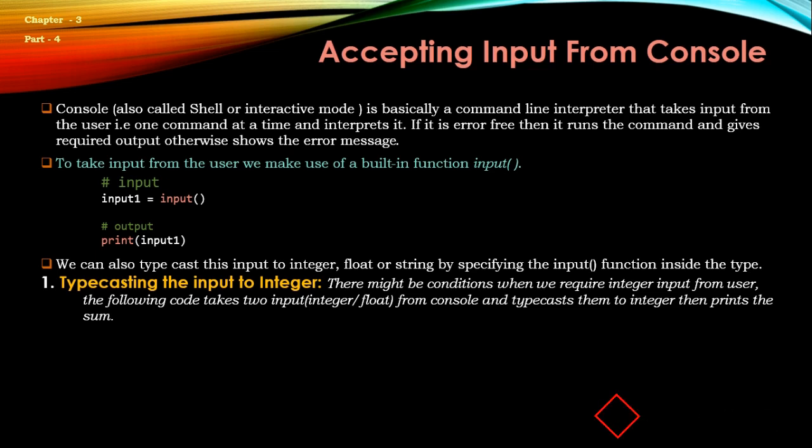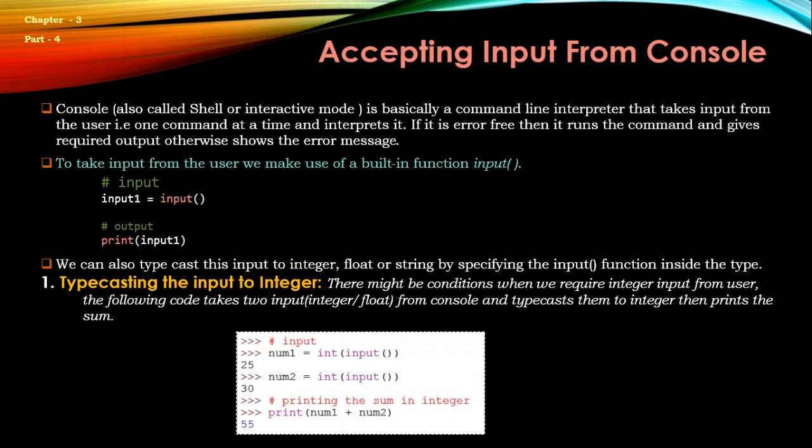Let's see this code. Here you can see there is num1, that is a variable. I am taking the input function here. Now here int is put. So int is another function, input is another function. First it will take an input from the user, convert it into integer and store it in num1. Similarly, you can see the second variable num2.